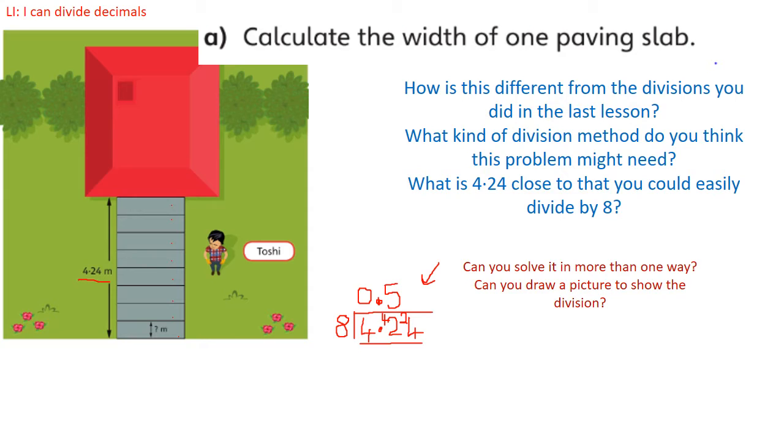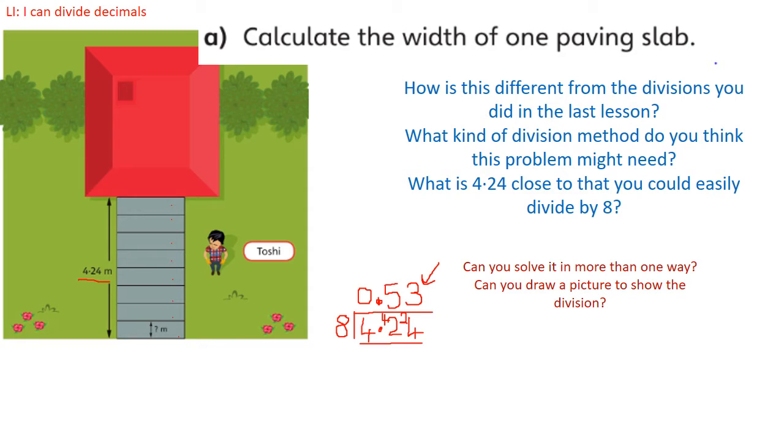So now we need to ask, how many lots of 8 can we get from 24? Now, I know you're all working hard to remember your 8 times table, but 8 times 3 is 24. So we can get 3 groups and there is no remainder.